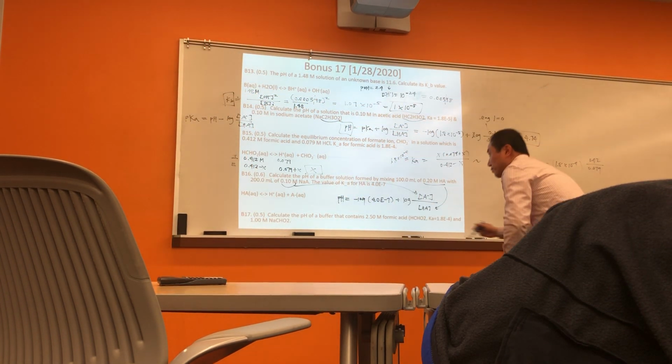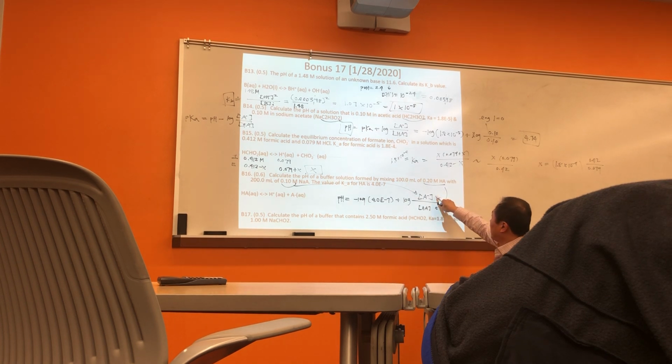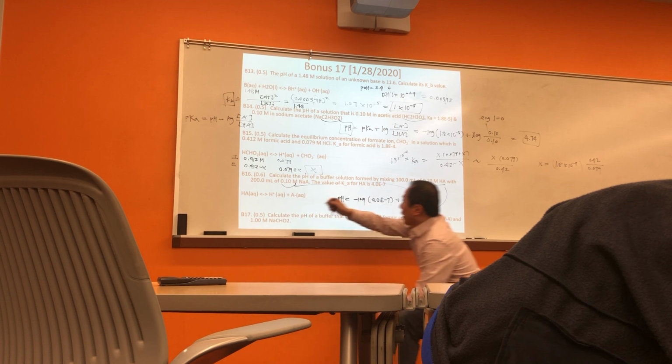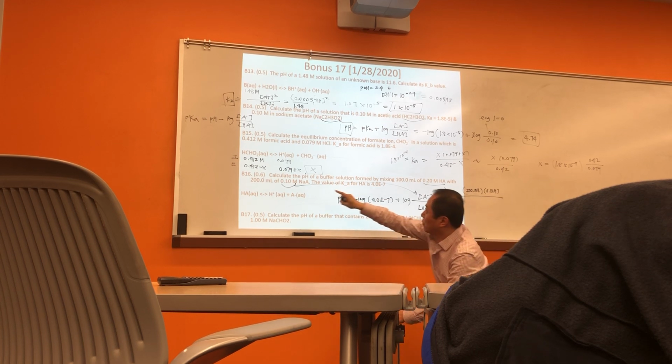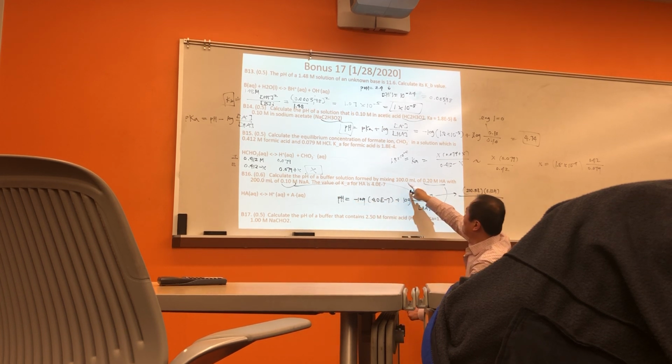The concentration of A minus is you multiply those two guys: 200 milliliter times 0.10, divided by the total volume, 200 plus 100, which is 300.